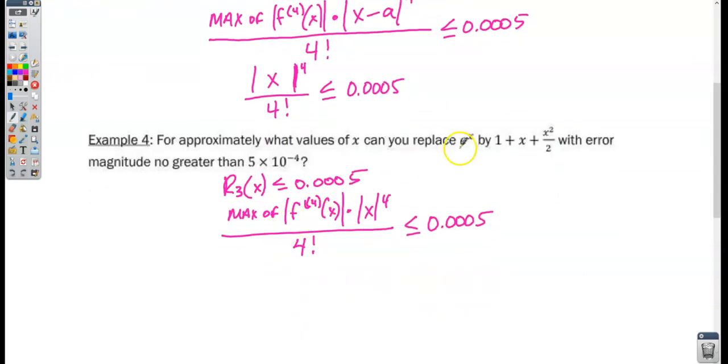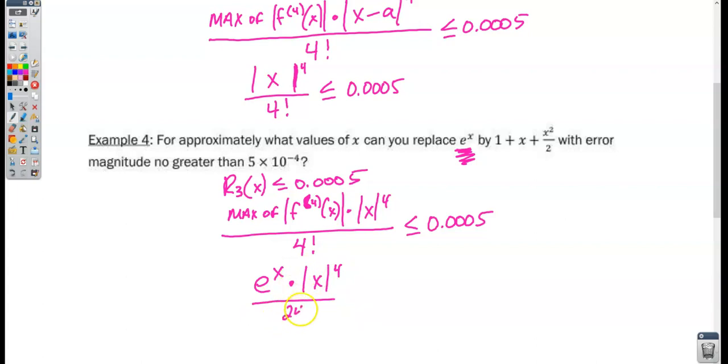The fourth derivative of our function is e to the x, and so the maximum value of that is going to happen at the right endpoint of this interval. Whatever the right endpoint is, e to the x continues to grow as we move from left to right. Since we're looking for an interval, that's what we want to find. So the maximum value is going to be whatever e to the x is at the right endpoint.